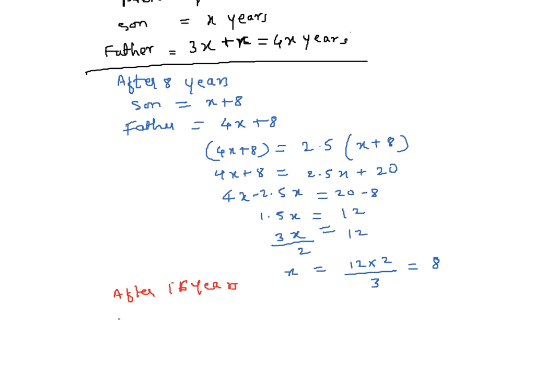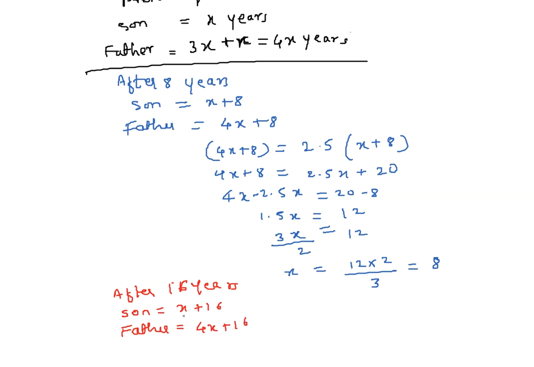So we have son's age as x plus 16 and father's age will be 4x plus 16.